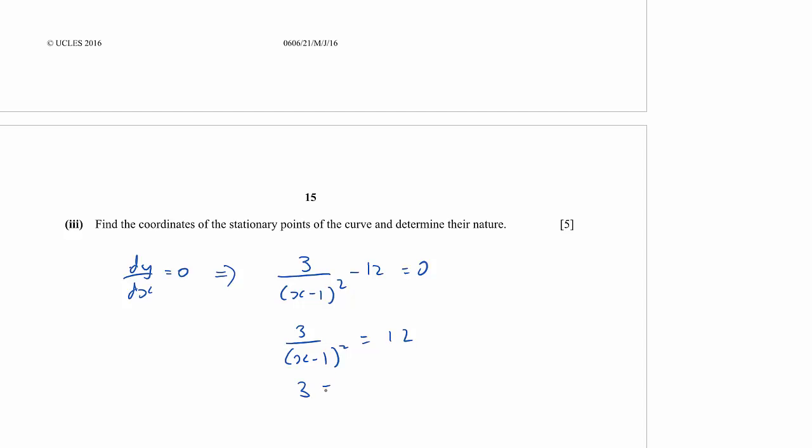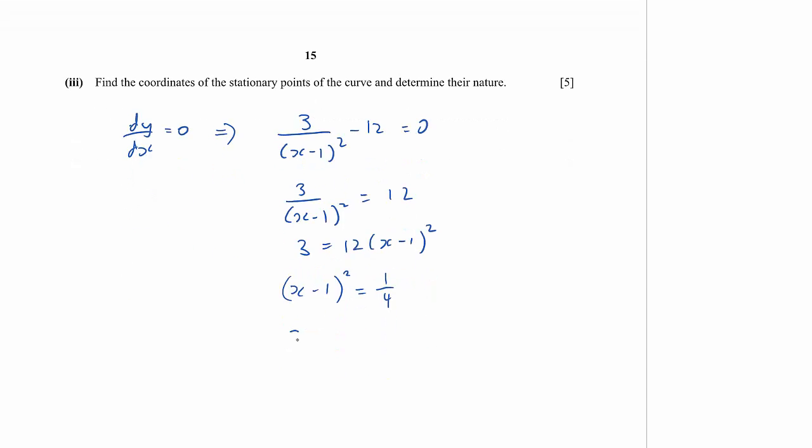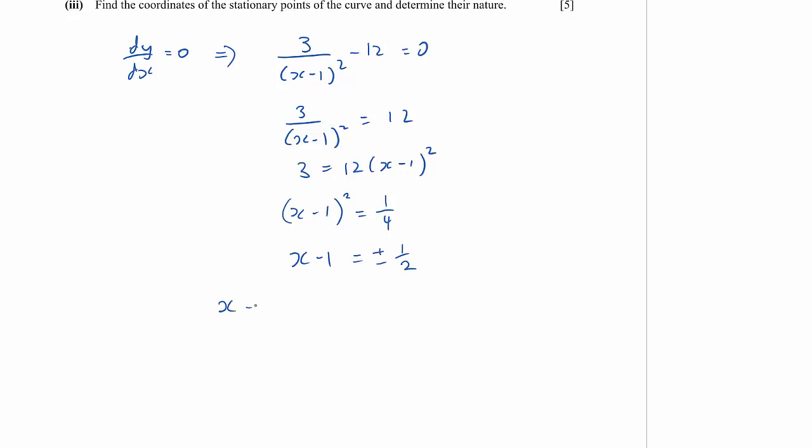So 3 is equal to 12 (x minus 1) squared. So (x minus 1) squared is equal to 3 divided by 12, which is a quarter. So x minus 1 is equal to plus or minus a half. So x minus 1 equals a half, or x minus 1 equals minus a half. So this one would give me x equals 3 over 2, and this one would give me x equals a half.